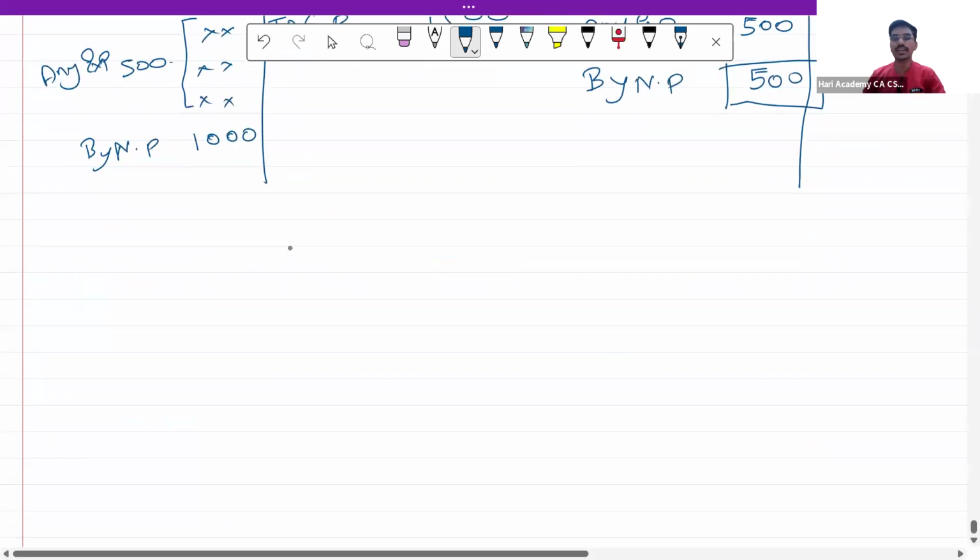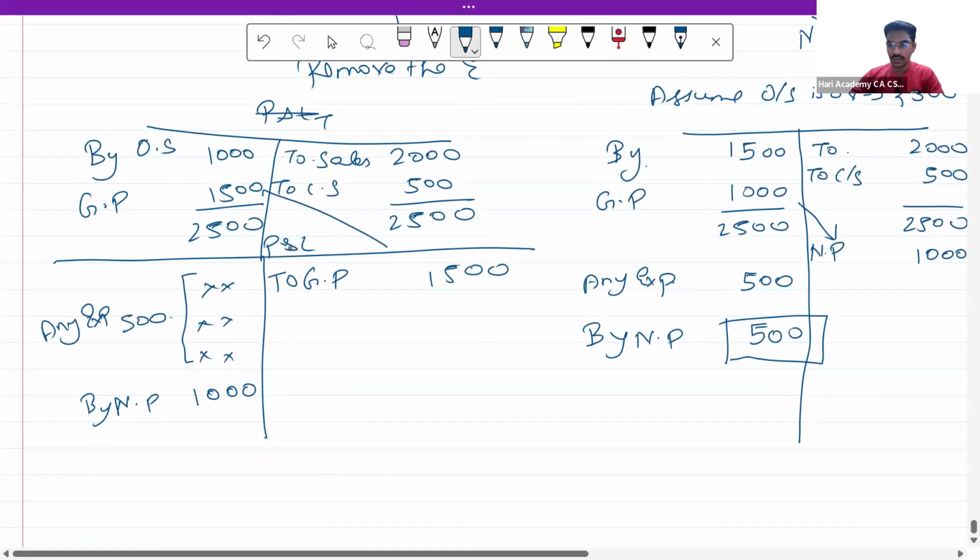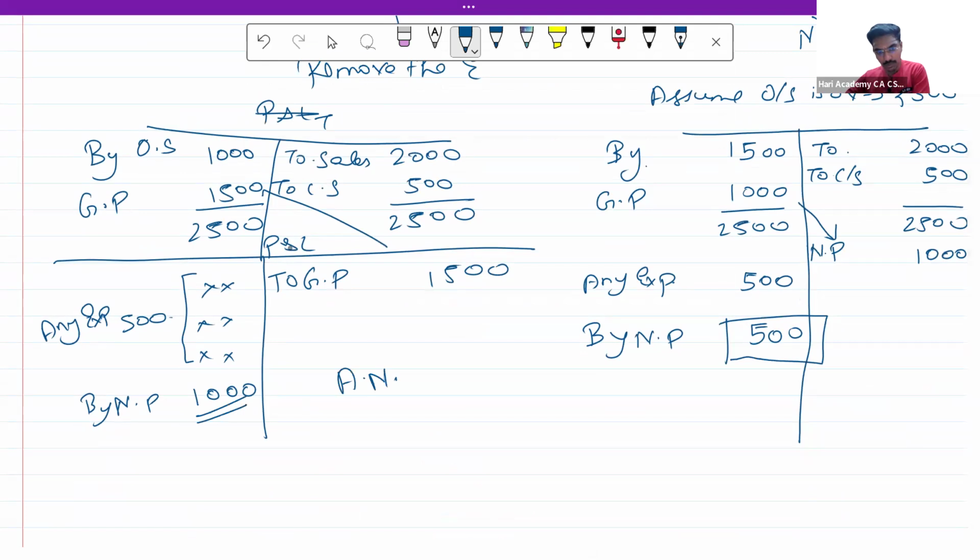Okay. So now let us understand how to remember this. This is a remembrance. This is the logic. So if you see here, this net profit is 500. Here the actual net profit is 1000. Because of this overvaluation, the revised net profit what we have got is 500.